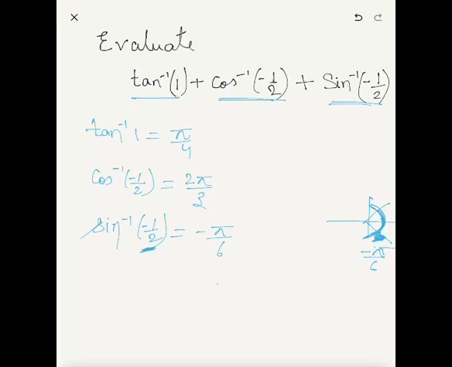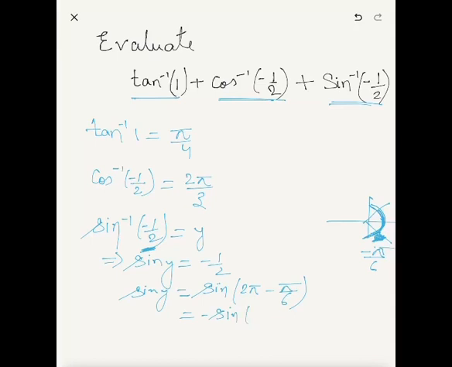Negative half. Okay, or let me make it more clearer for you. Write this as y. Now write sin y is equals to minus half. Sin y is equals to sin of 2 pi minus pi by 6. 360 minus 30 is minus sin 30, isn't it?